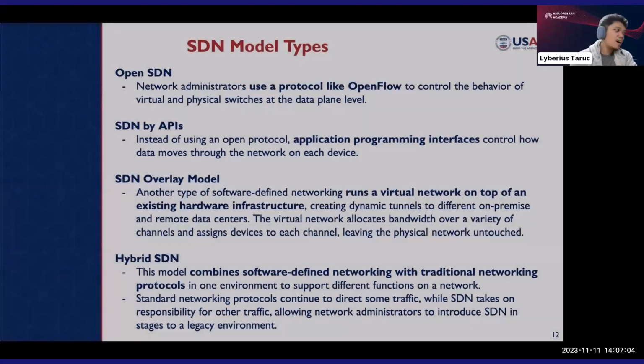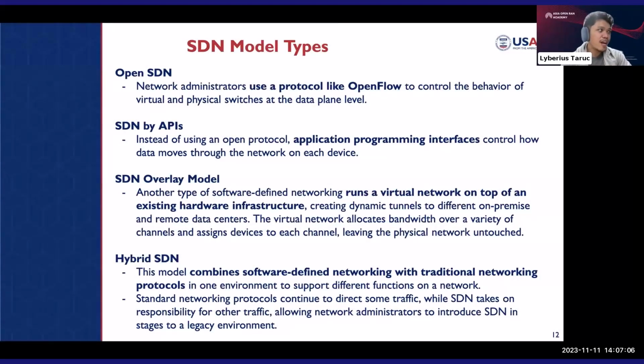Think of this as sort of like, what kind of SDN can you apply in your network? You can have what's called Open SDN, wherein the administrators use a protocol to control the behavior of physical and virtual switches. You can also have SDN just by implementing an API.